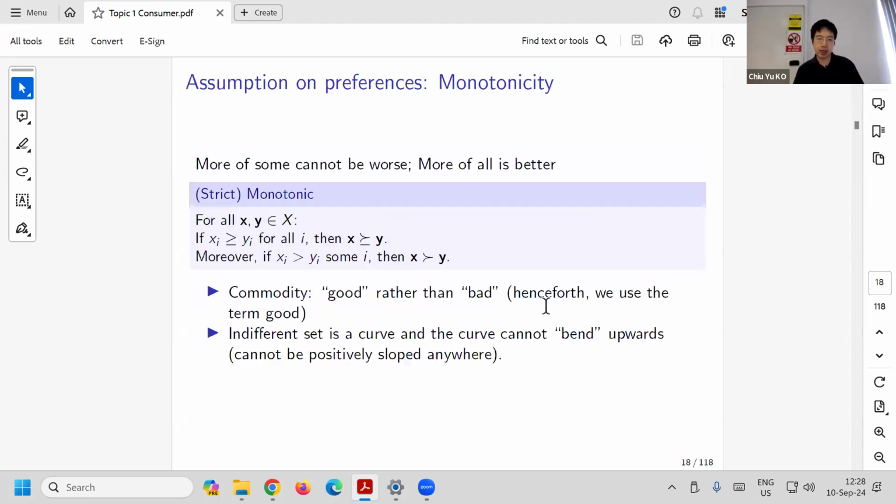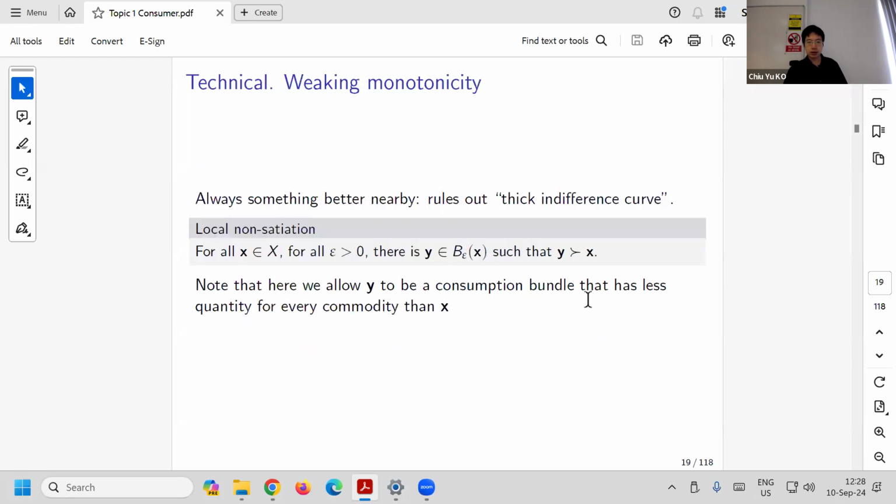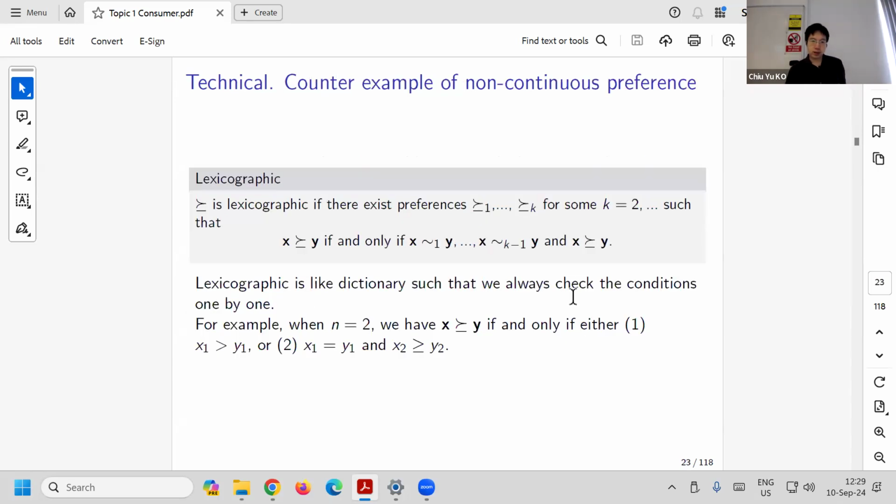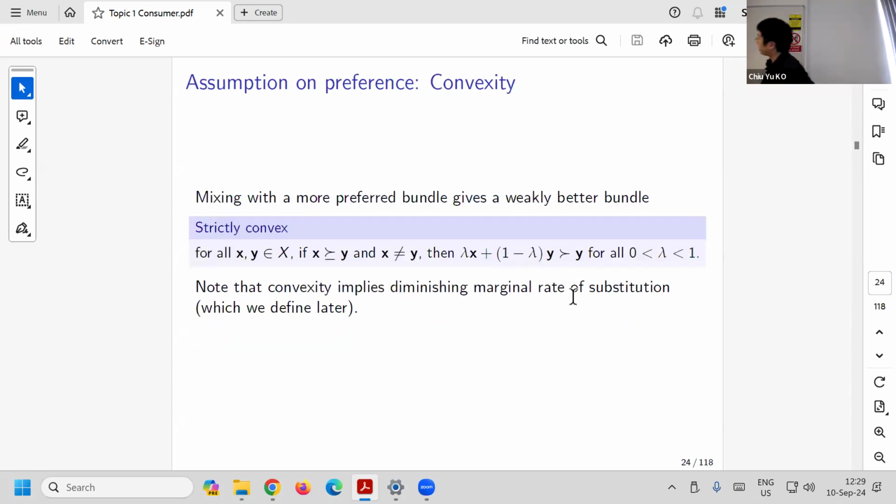And then we define monotone preference, which is we talk about good rather than bad. And we also define continuity, which means that the strict preference will continue to hold for something nearby. When x is better than y, something nearby x is still better than something nearby y. And convexity, I think the slide had a typo here.